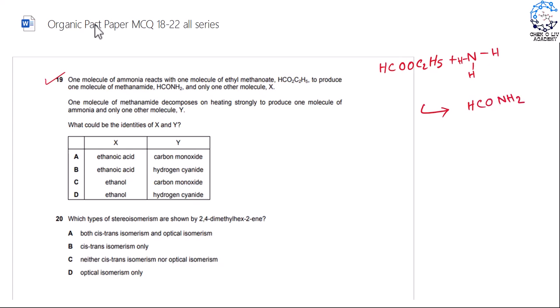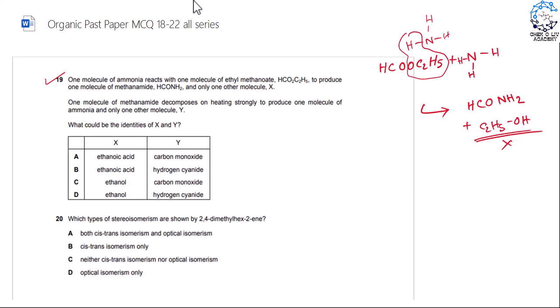If I do the aminolysis, you can understand it this way: this H and this group are going to move out. What remains is HCONH2 plus C2H5OH. So X will be C2H5OH, ethanol.